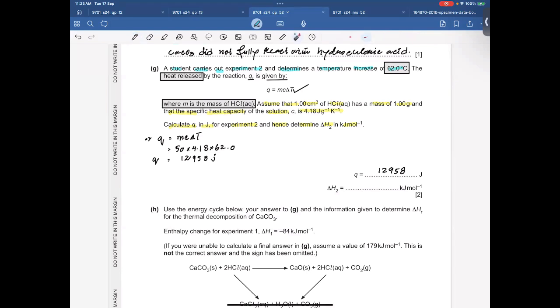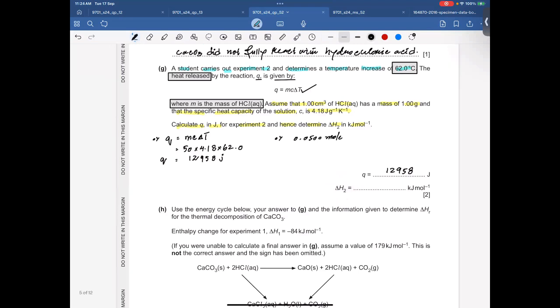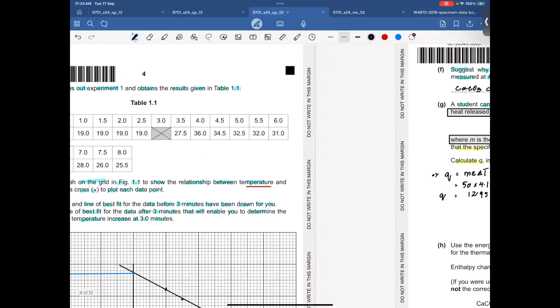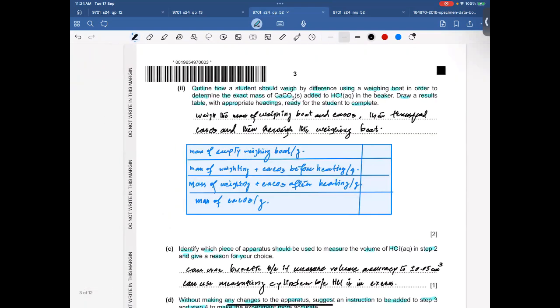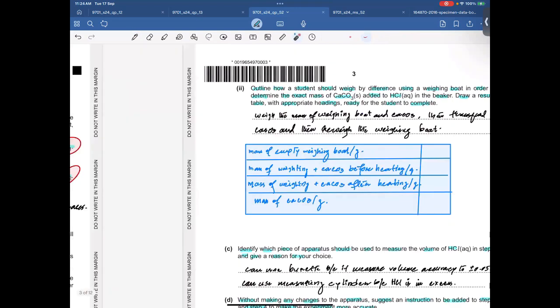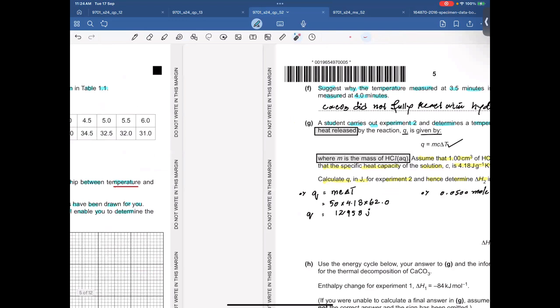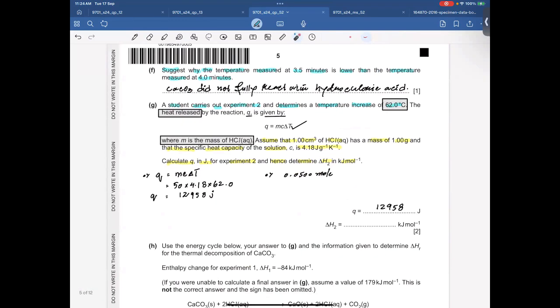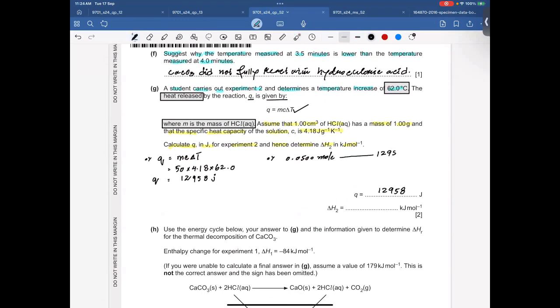In order to calculate delta H2, I will use the moles. And moles was given initially, 0.0500, if you remember. So when we have this many moles, energy released is 12,958 joules.